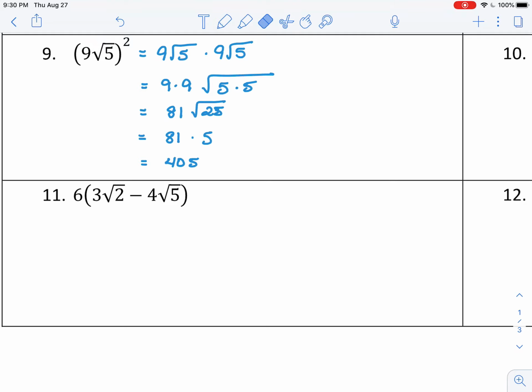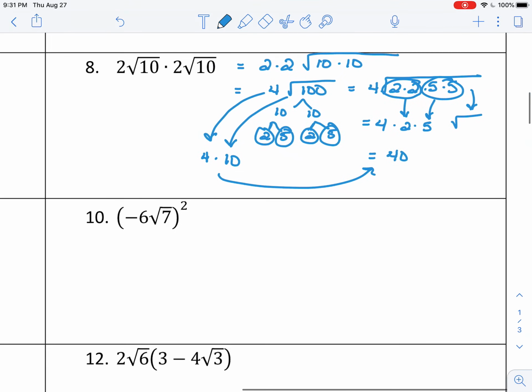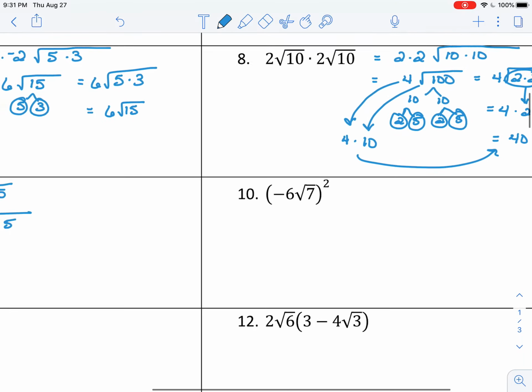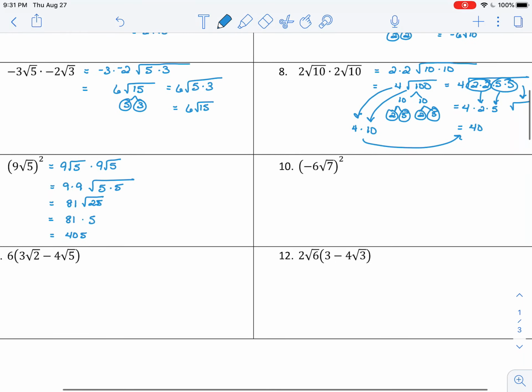So it's not a coincidence that that happened. It's also not a coincidence that when I squared that radical, I got an answer with no radical in it. That's going to happen every time you square a radical, because squaring and square roots are opposites. They're inverses of each other. They will always cancel each other out.